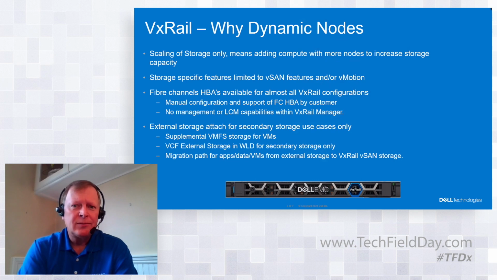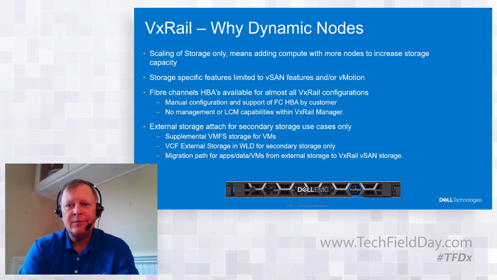We do allow Fibre Channel HBAs in our VxRail nodes. However, it's like, sure, you can do it, but we're not really going to help you in any way, shape, or form. You can install them, but you have to manually configure them and do all the LCM capabilities yourself, as there are no management functions within VxRail Manager.